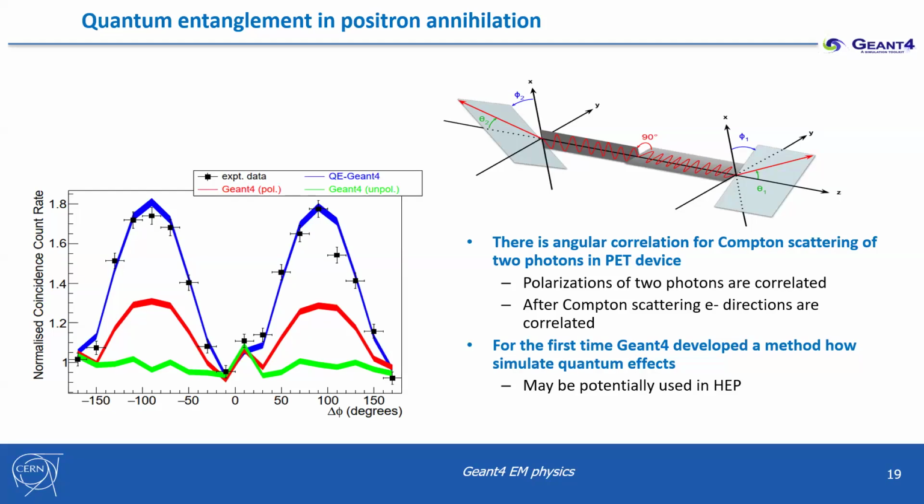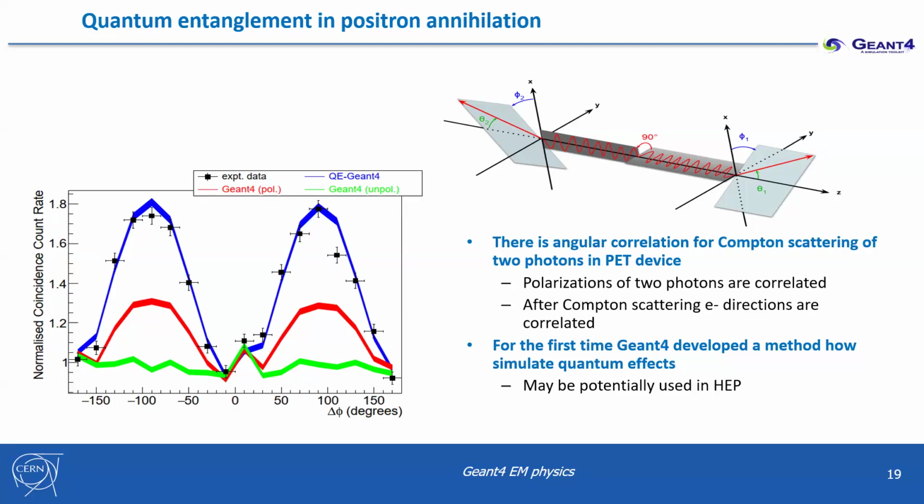Usually, Monte Carlo simulation takes one particle, one track, and propagates it until it is killed. But we have an example of physics. For positron annihilation, 2 gammas have correlated polarization planes. And then when these gammas are in your tomograph, for example, there is Compton scattering.